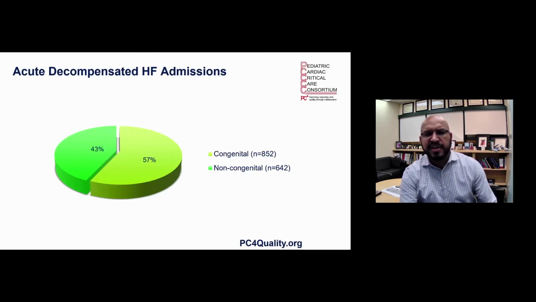Now, data with regards to outcomes is also very important, and the Pediatric Cardiac Critical Care Consortium looked at over 1,500 patients admitted to a cardiac ICU, and of those, about 850 of them were congenital heart disease patients for acute decompensated heart failure, and a little over half of them were congenital heart disease patients.